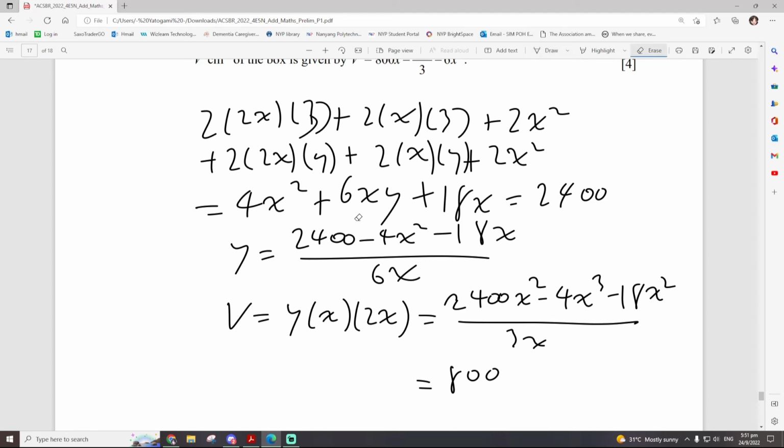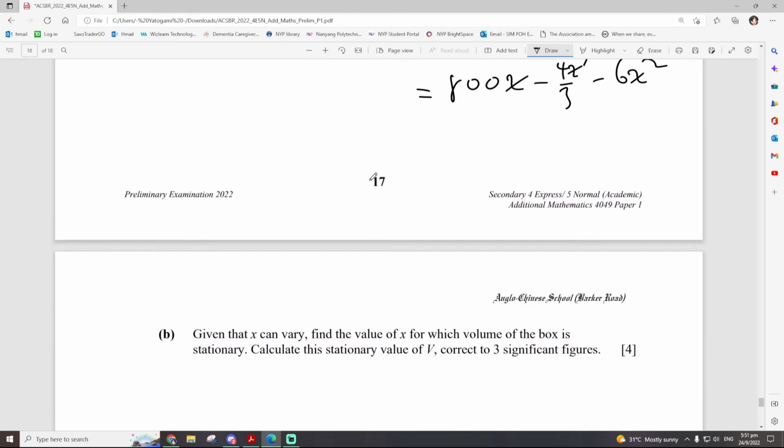This is power 4 and this is power 3. Okay, so this is 800x minus 4x cubed over 3, minus 6x squared. So that's how you get the expression they want.